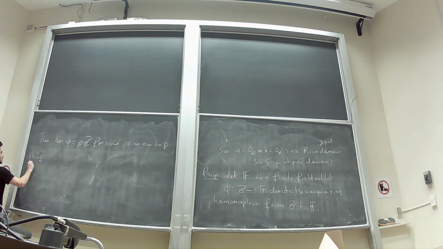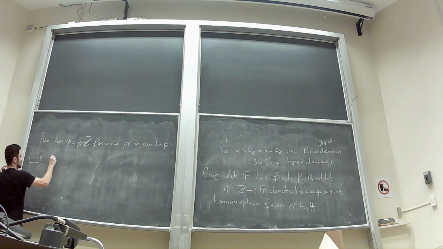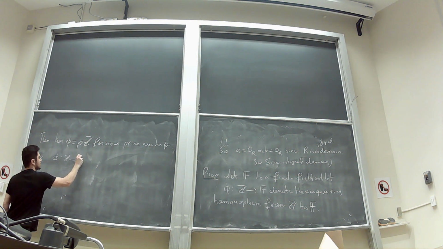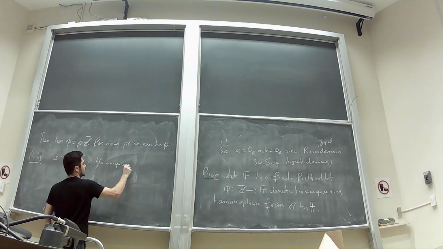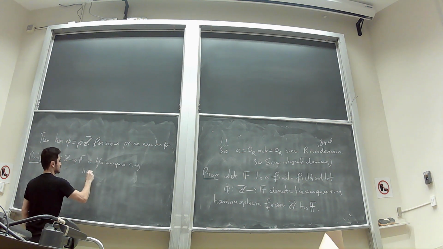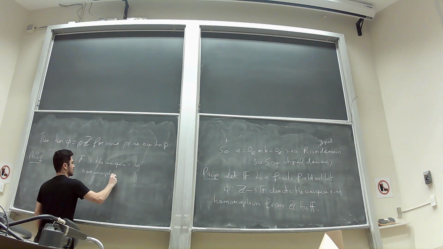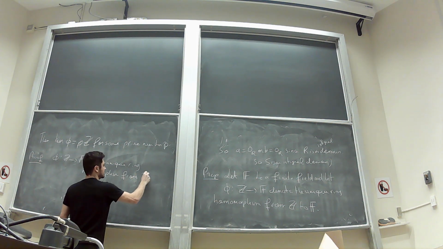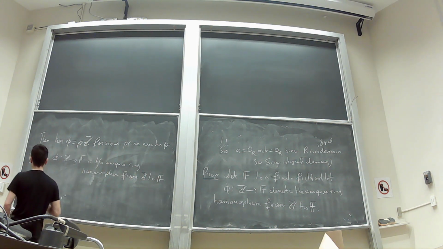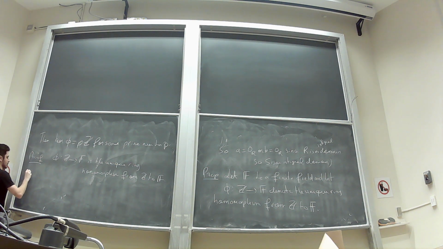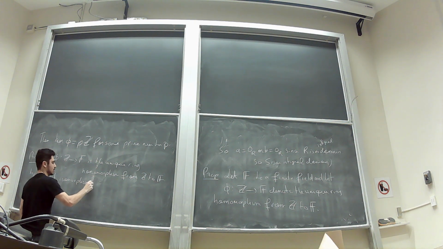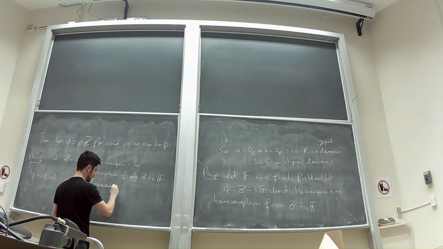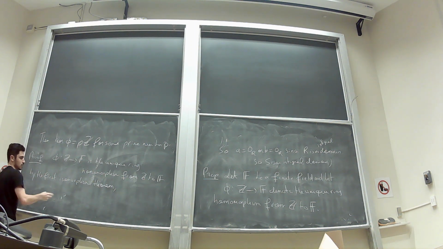Proof. Phi from Z to F is the unique ring homomorphism from Z to F. Then, by the first isomorphism theorem, or you know what, let's do something else.